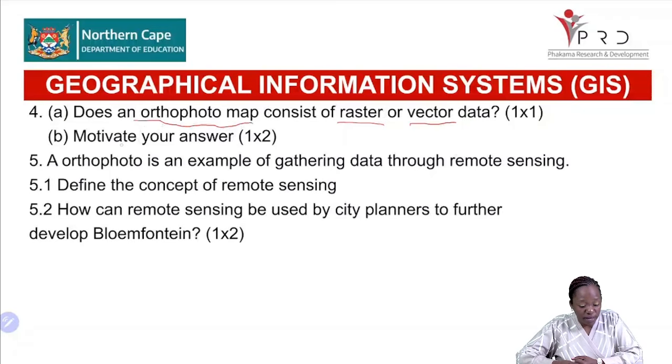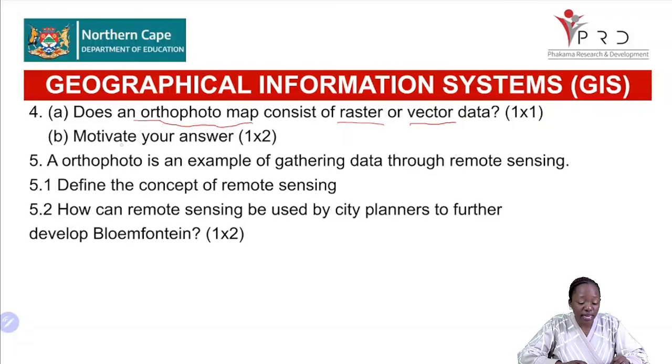Then your question 5. An orthophoto map is an example of gathering data through remote sensing. Remember, we've already defined what is a remote sensing beginning of the lesson. So your first question under number 5, which is your 5.1, you define the concept remote sensing.